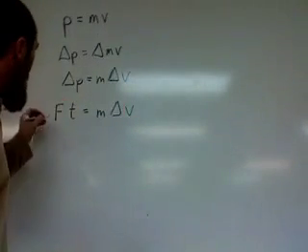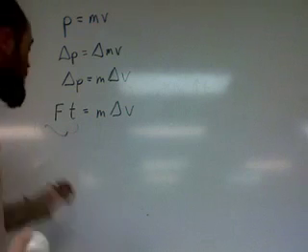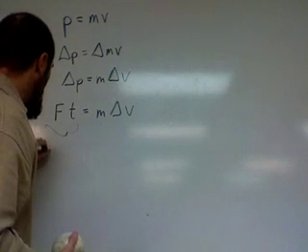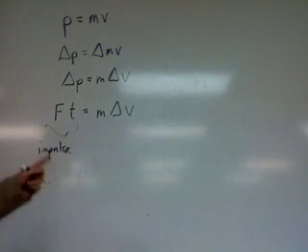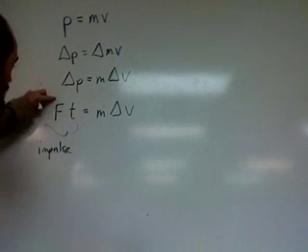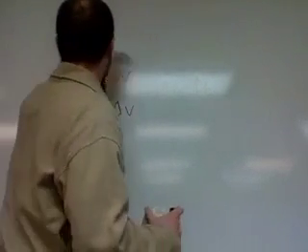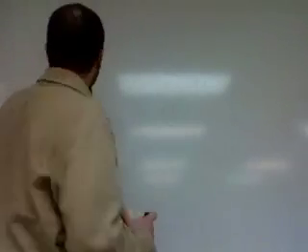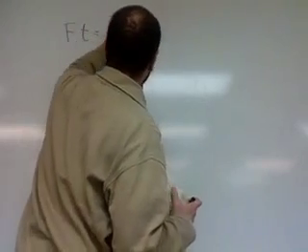But just so you know, F times t has a special name. This is called impulse. And I'm going to write this down so we have it. So this is Ft equals change in mv.